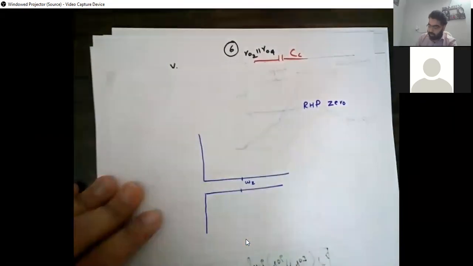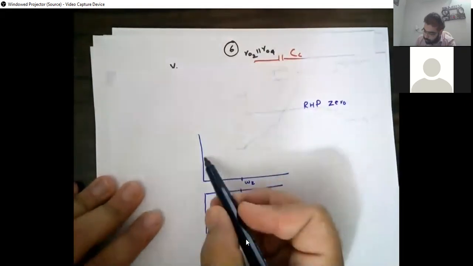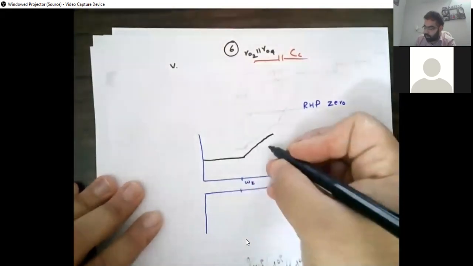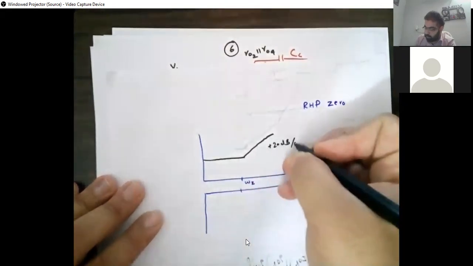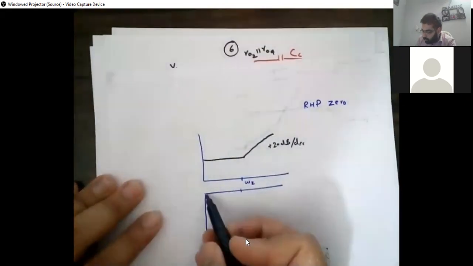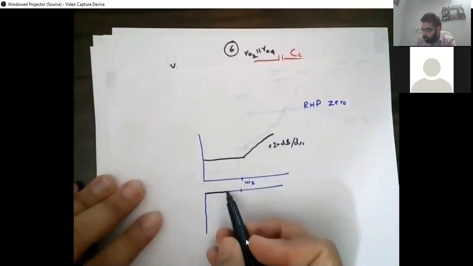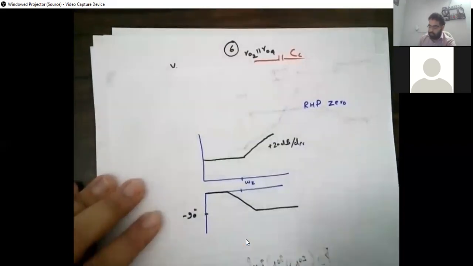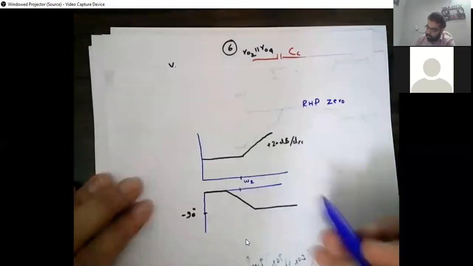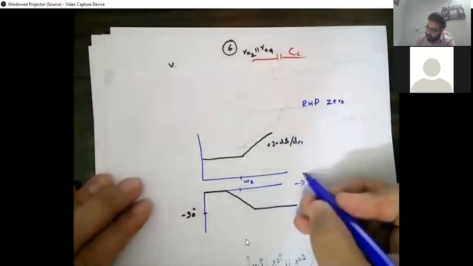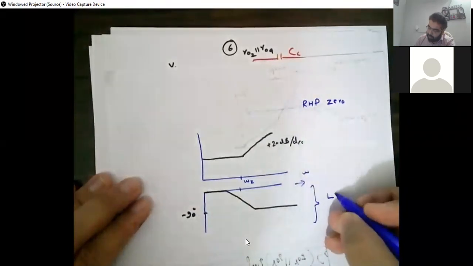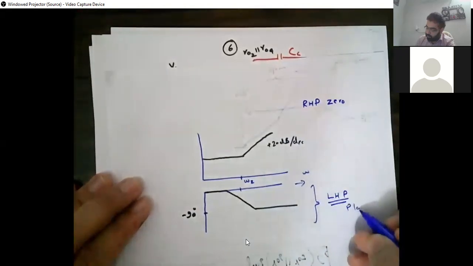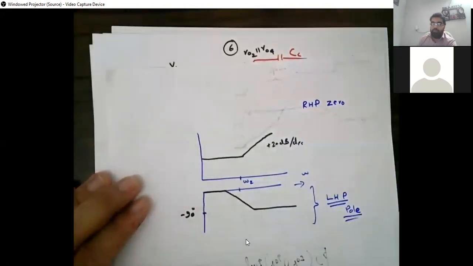The magnitude response is going to be the same. It's going to reach this point and have a plus 20 dB. But for the phase response, it will reach this 10 times, and so for the right hand one, this is omega. So this response is the same as a left hand pole, and that's a disaster for us.